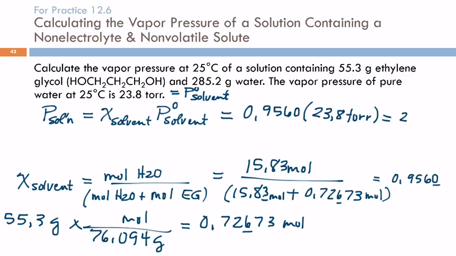That gives 22.8 torr. I'm going with 3 sig figs because the vapor pressure here had 3. The unit is torr because that's the unit that the vapor pressure was given in. Mole fraction doesn't have a unit, so whatever this pressure is in, that's the same unit that the final pressure will be. Any questions?